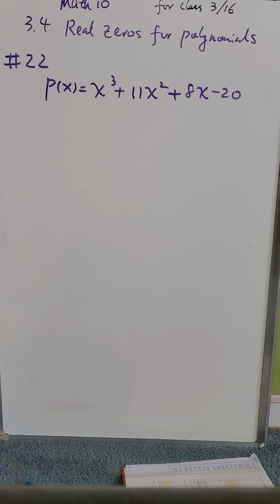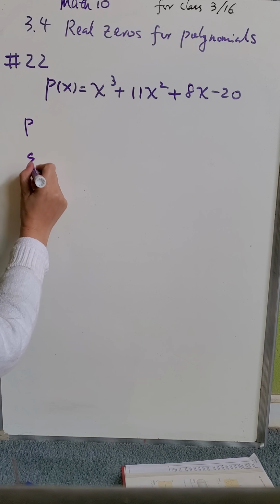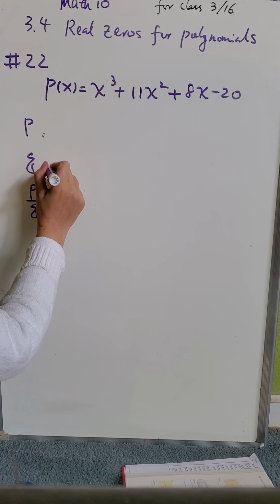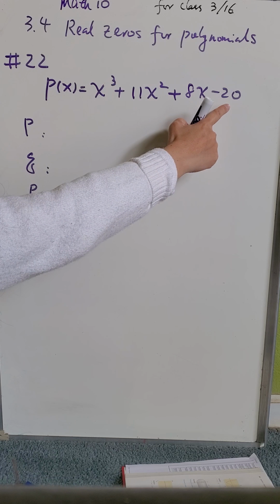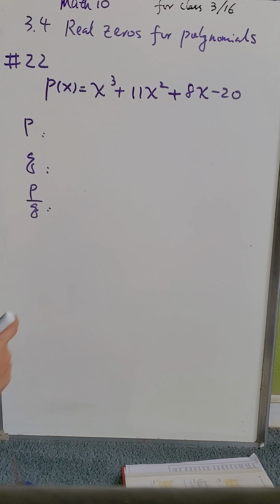The first thing we need to do is use a technique called P over Q. What does P stand for? P stands for all the factors of 20, that means who can divide 20?